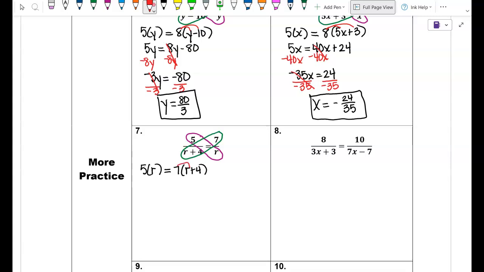And again, I have to distribute on that right-hand side. So I have 5r equals 7r plus 28. I'm going to subtract that 7r from both sides. So negative 2r equals 28.